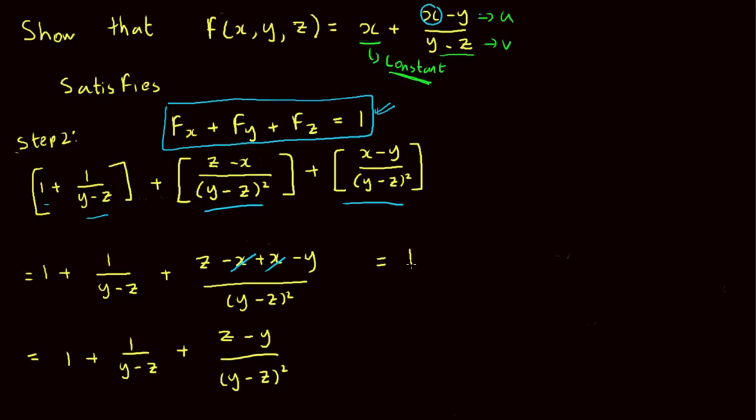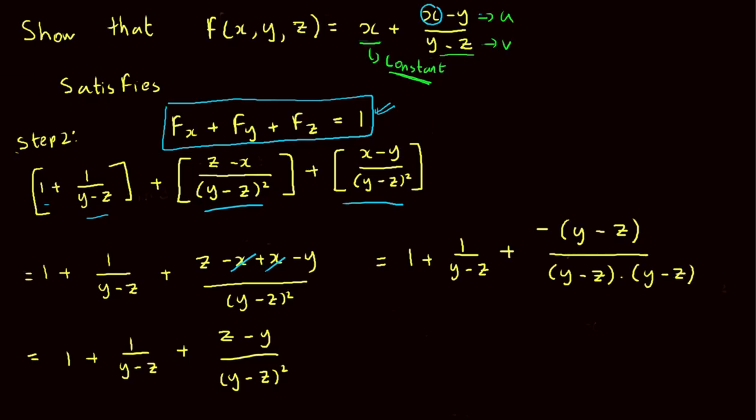And 1 plus 1 over y minus z plus, if you rearrange the equation and take out the negative sign, so negative y minus z. And we know that y minus z squared is just simply y minus z times y minus z.